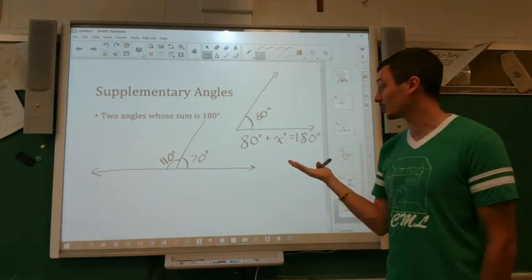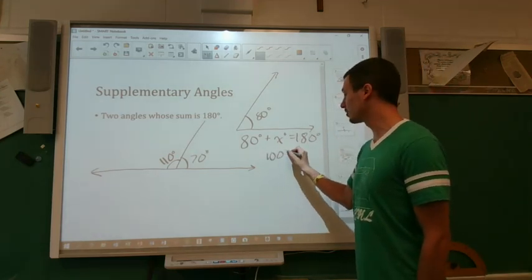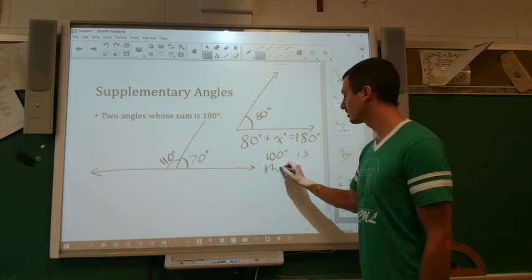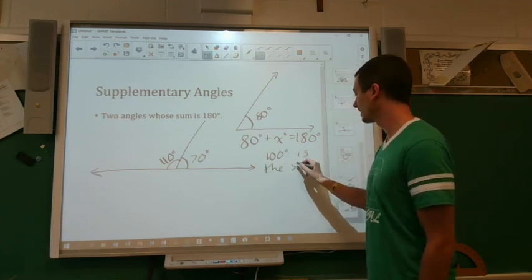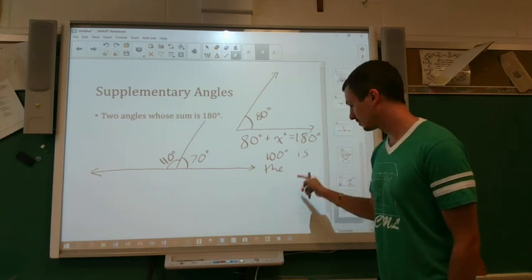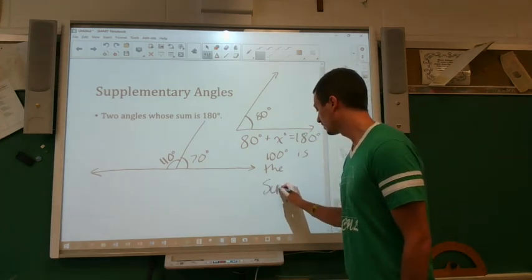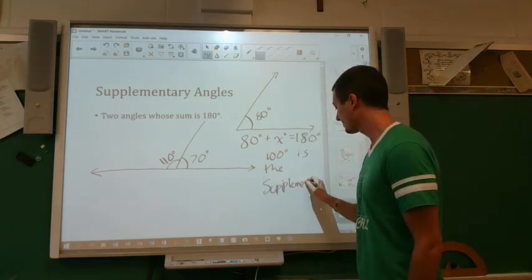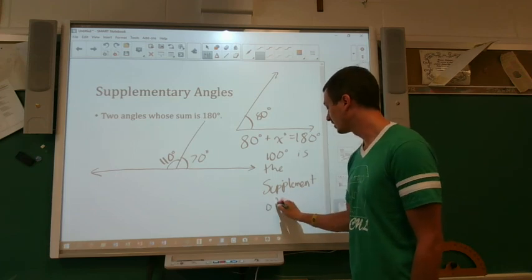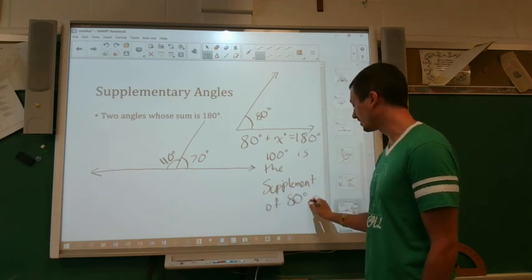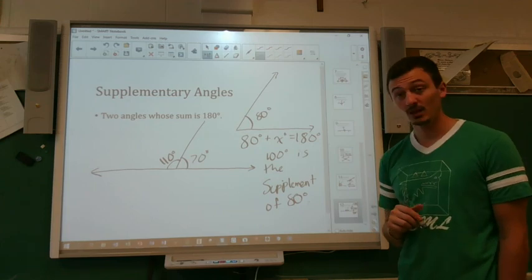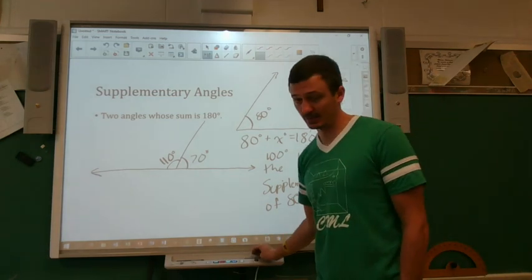Again, just a little bit of algebra tells me that 100 degrees is the supplement of 80 degrees. There you go. Angles and stuff.